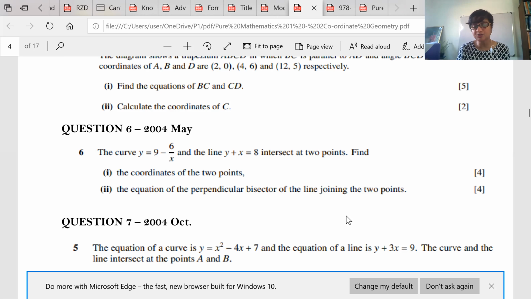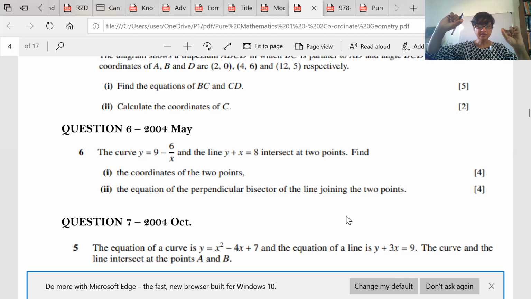But this part 2, I think you have to think a little bit, right? It's a novelty added to this question. The equation of the perpendicular bisector of the line joining the 2 points. Now you found coordinates of 2 points in part 1. These are the 2 points where the curve and the line intersect, right?